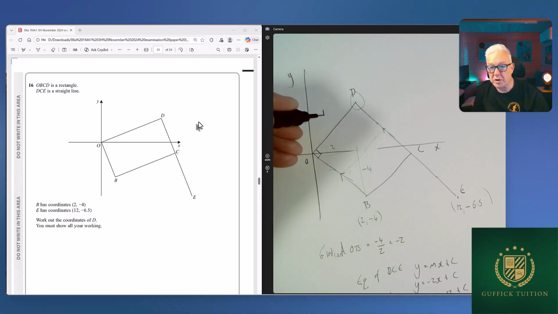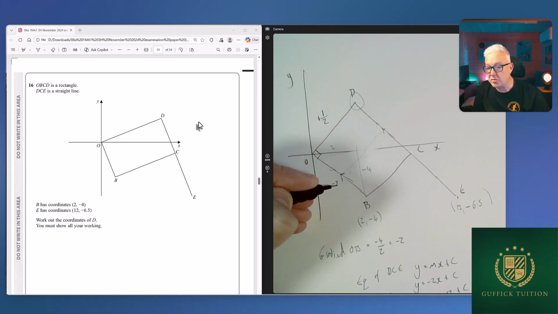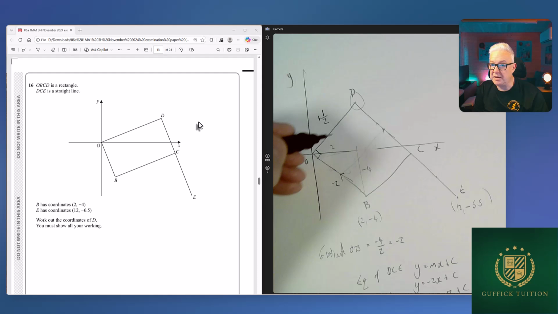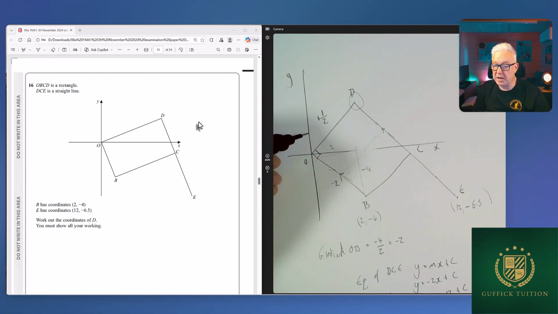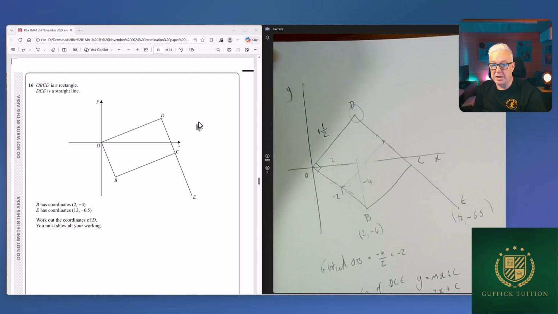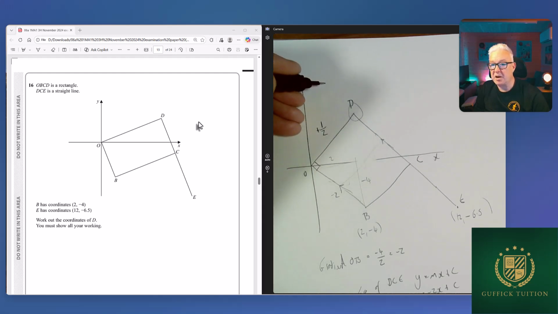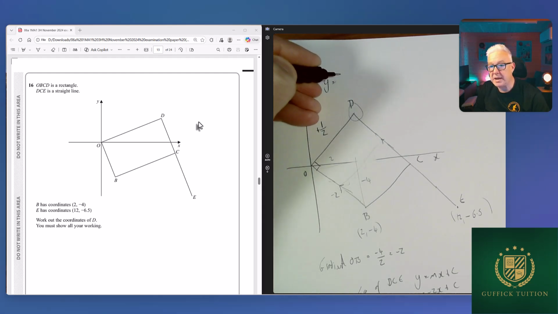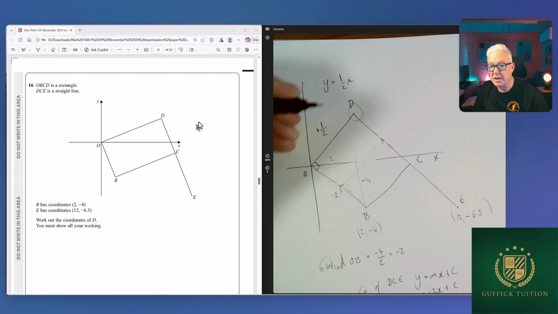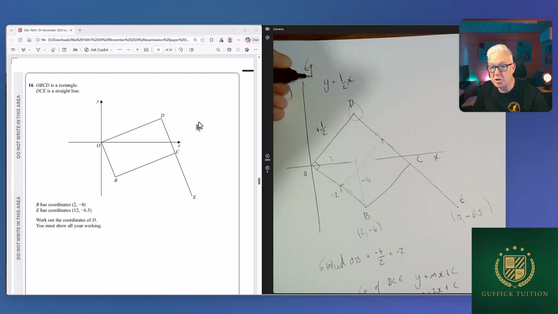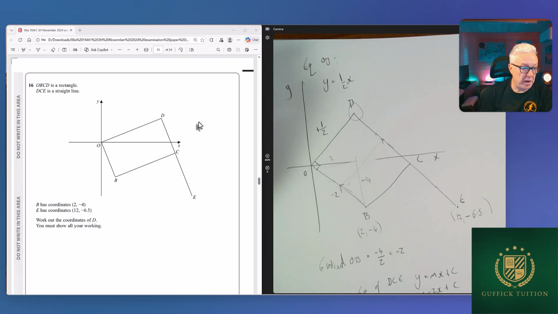So therefore, the gradient of this line is +1/2, because remember, it's going to be the negative reciprocal if they're perpendicular. And further to that, because this line goes through the origin, it has the equation y is equal to 1/2x. So the equation of the line OD is y equals 1/2x.